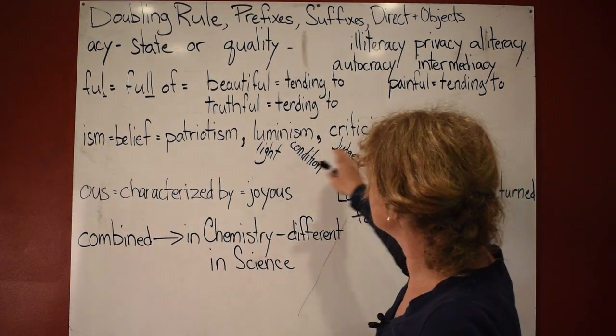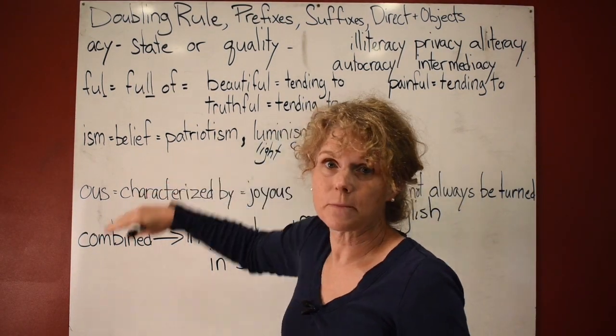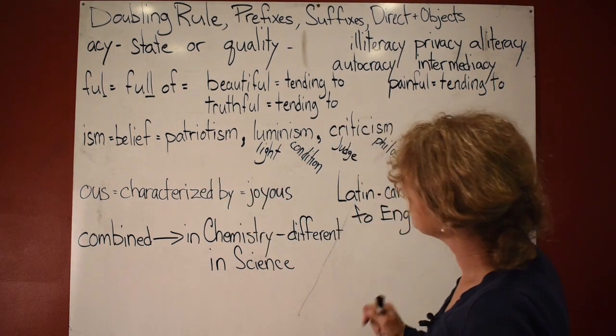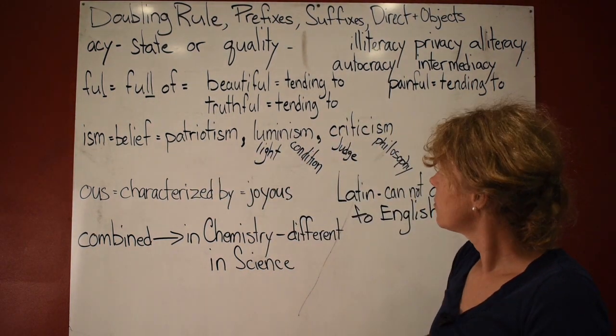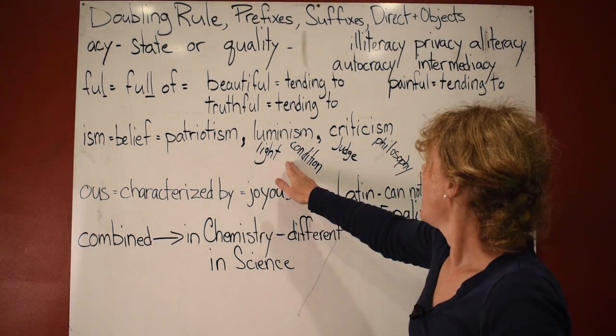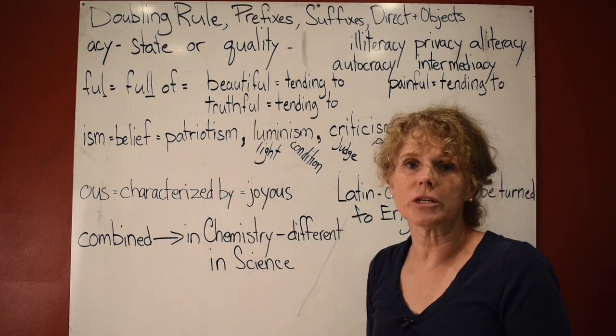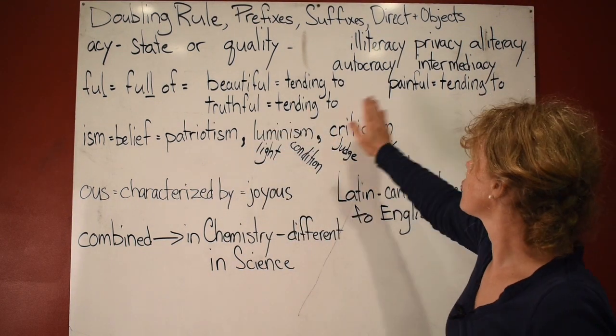It could maybe even be a philosophy here, but I believe in being a patriot to my country. Okay, so how about luminism? Well, here, lumen means light. And ism is a condition, luminism. All right, how about criticism?